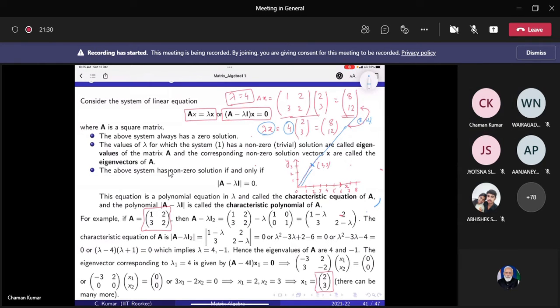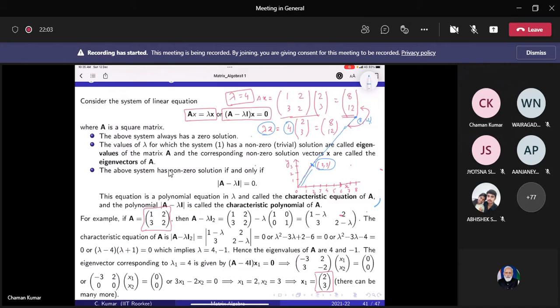When lambda is equal to 4, for the same vector (2, 3), you are increasing the length by 4 times.